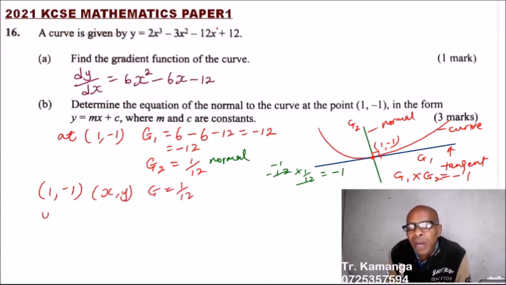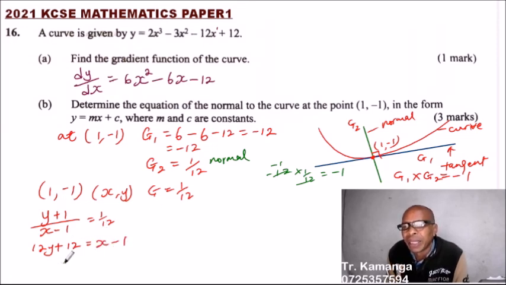So we say y minus minus 1, that will give you y plus 1, divided by x minus 1, equals 1 over 12. We cross multiply, so we get 12y plus 12 equals x minus 1.